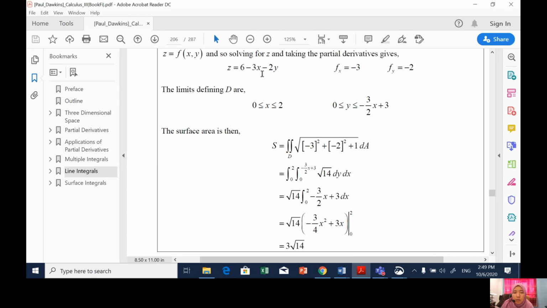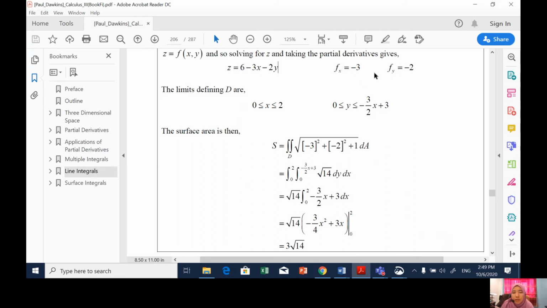Differentiate with respect to x. The 6 and -2y are treated as constants, so we differentiate this part only and get -3. With the same function, we evaluate the derivative with respect to y. The 6 - 3x is treated as a constant. Differentiating -2y, we get -2.